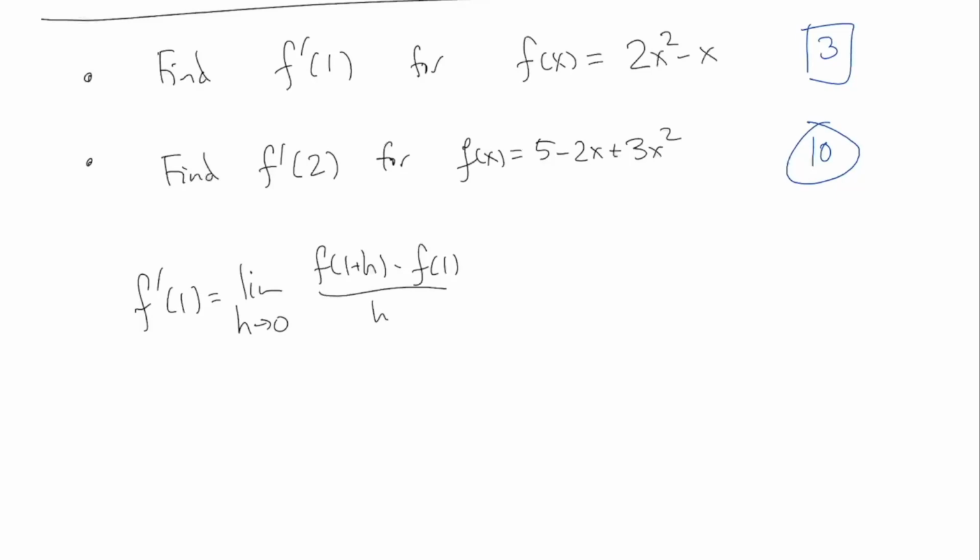This is not quite, so you want to write this one. So it's 2 times 1 plus h squared. Yeah, and then minus 1 plus h, because you replace x. And this isn't everything, that was only this part.